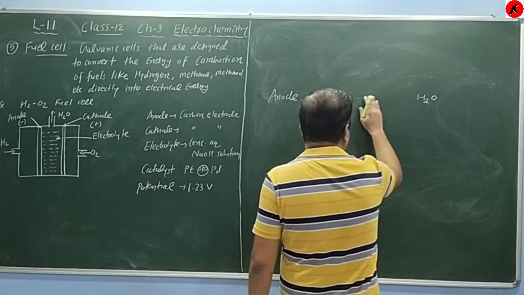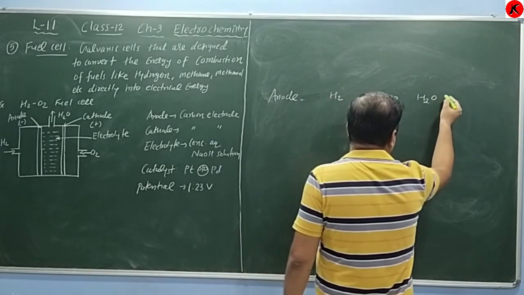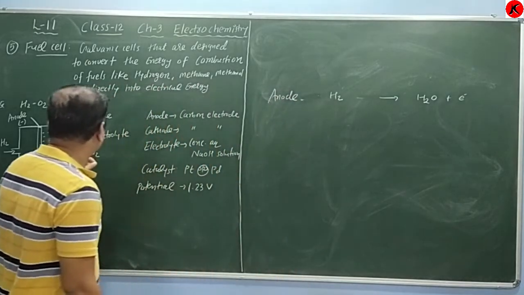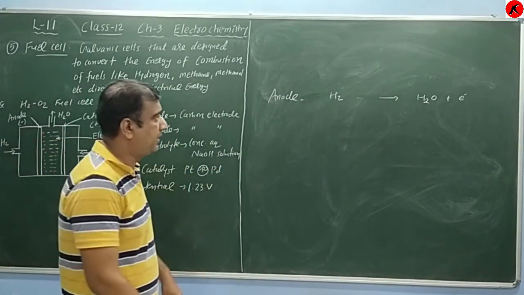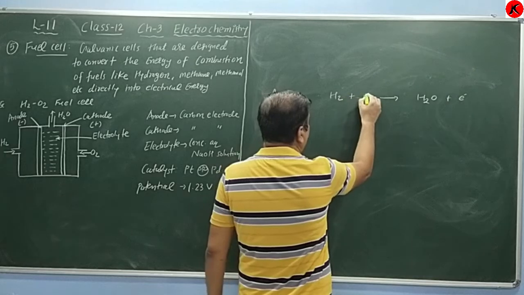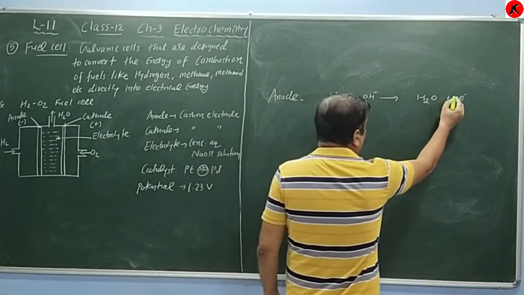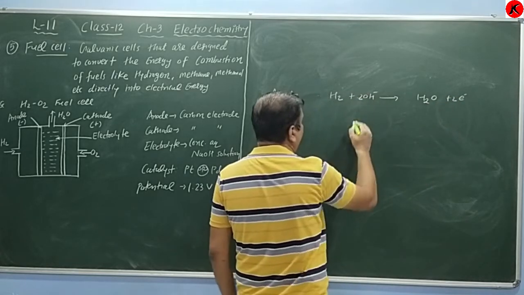Now oxidation reaction is there. That means release of electron is there. Now electrolyte is NaOH. That means OH minus is there. That means for balancing purpose here 2 electrons. That means 2 OH minus.